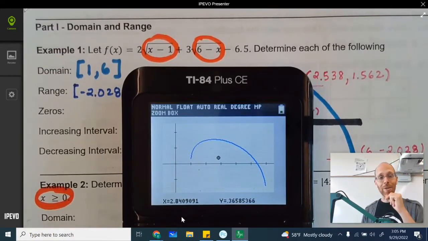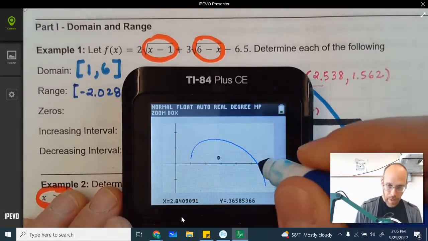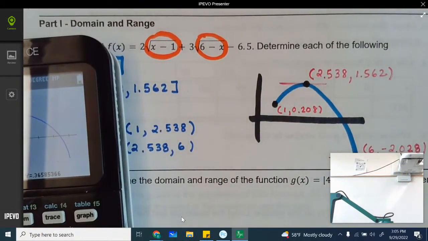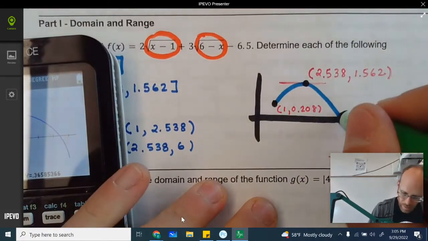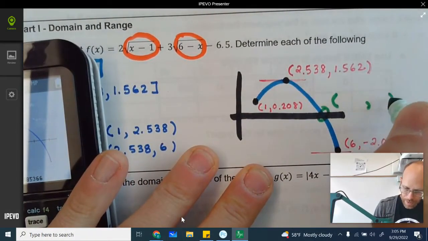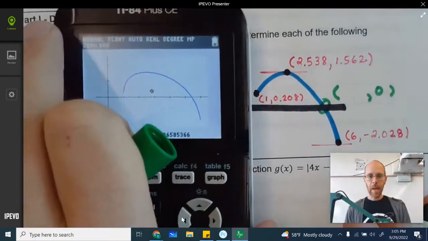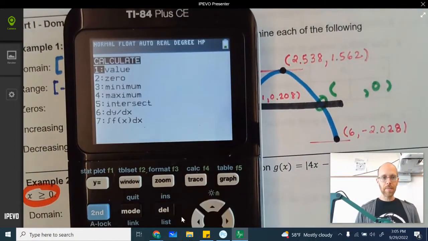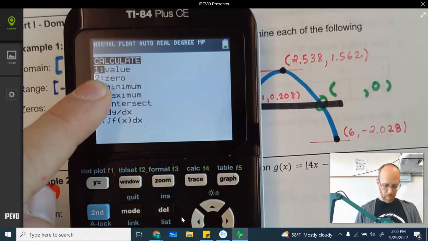The last thing I need to show you how to find is the zero. And the zero would be this point right here on my graph, this point where we know that the y value is 0. And the way that you can calculate that is by going back to our buddy second calc, number 2.